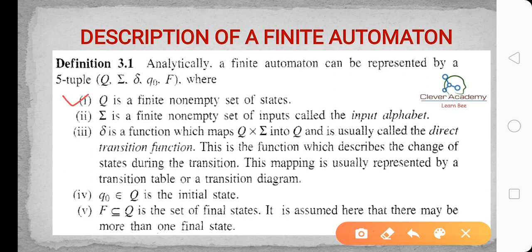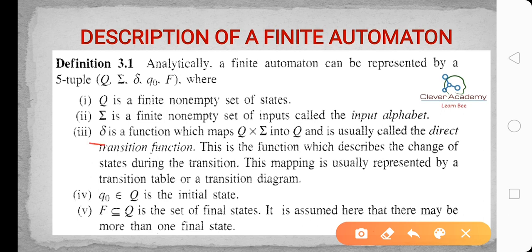First one is Q, a finite non-empty set of states. Second, sigma, a finite non-empty set of input alphabets.